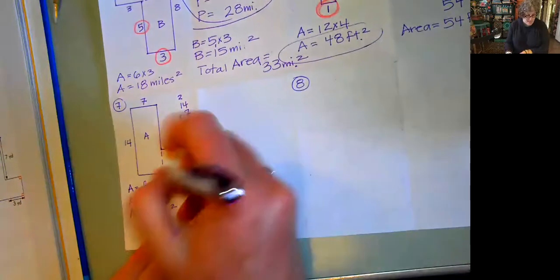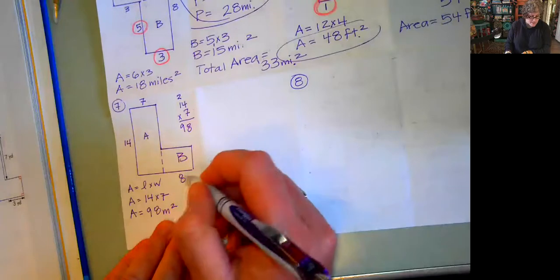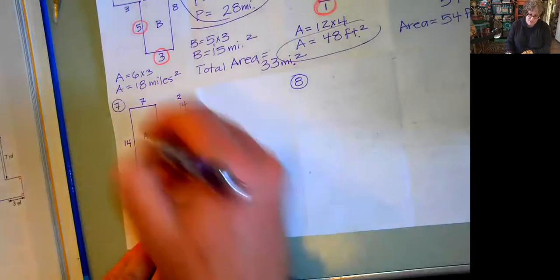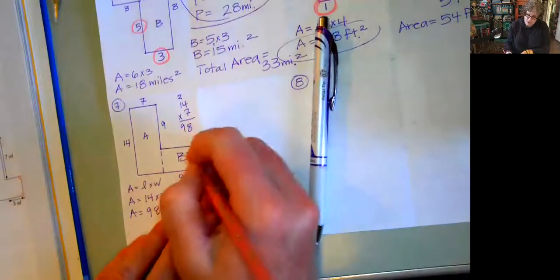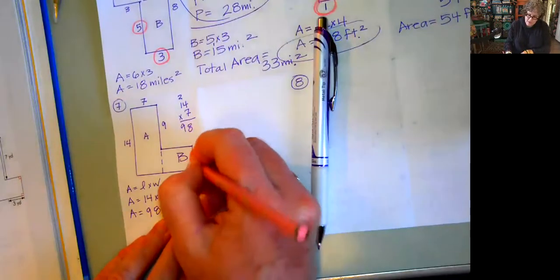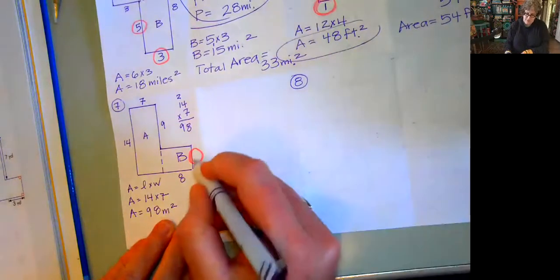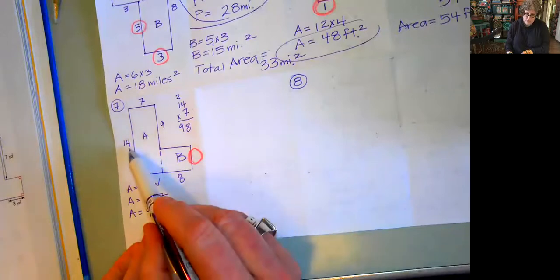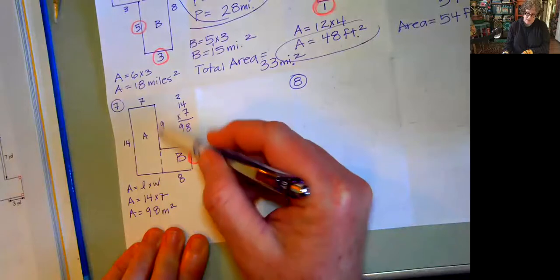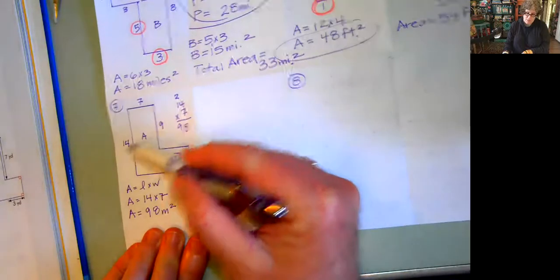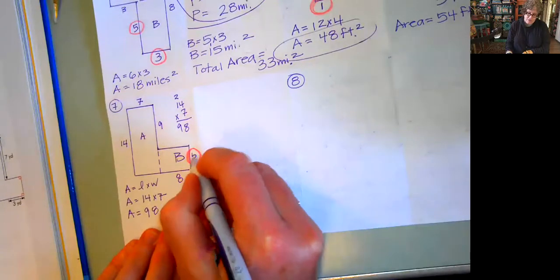Now we need to find B. And we know that this is 8 because it tells us, and we know this is 9. But in order to solve this, we're going to have to know how long that side is. So if I know the total length is 14, and I know that this partial length is 9, I can take 14 minus 9, and that's going to tell me that this is 5.